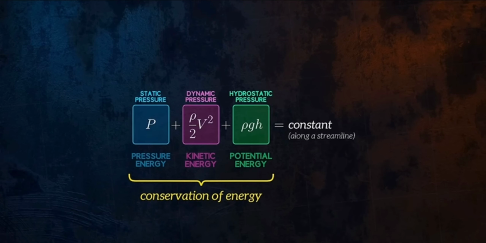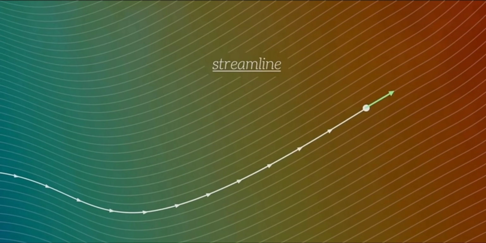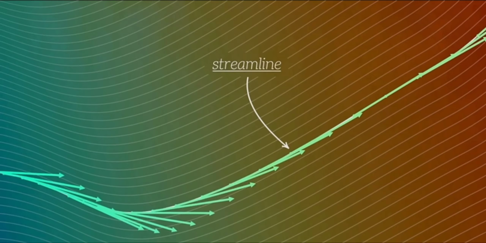But for now, the important thing to note is that it can only be applied along a streamline. We can define a streamline in a steady flow as the path traced by a single particle within the fluid, or more technically as a curve that at all points is tangent to the particle velocity.